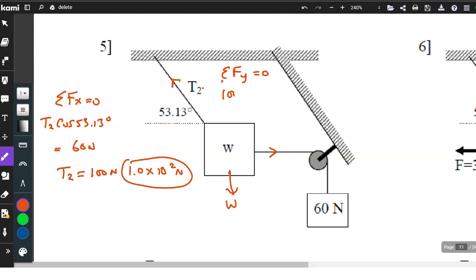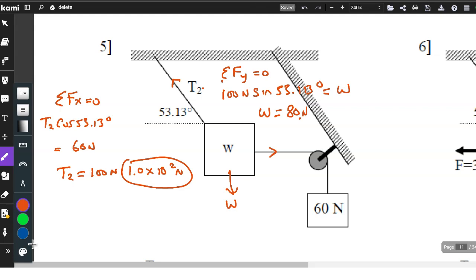So 100 newtons times sine of 53.13 degrees equals W, and that W turns out to be 80 newtons. Make it two significant digits, and that's that.